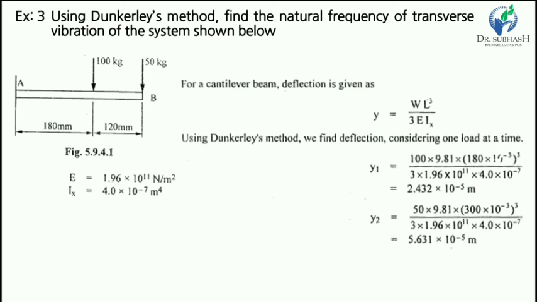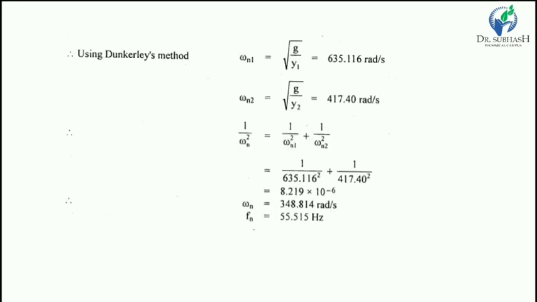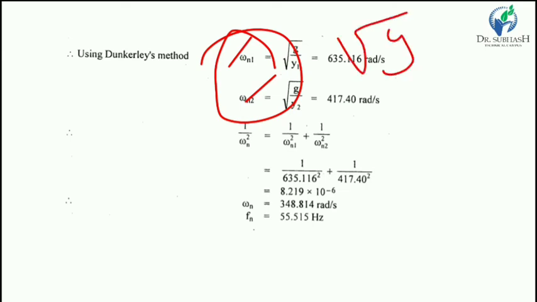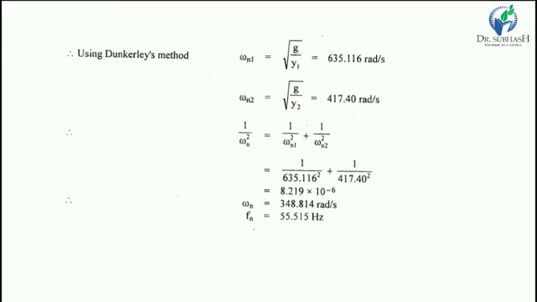Okay, now we have the delta values, so we find omega 1 and omega 2 with the help of the equation root of g upon delta. Here delta is defined by y, so g upon y. We already found y1 and y2, so we put the values of y1 and y2 in the omega n1 and omega n2 equations, and we get omega 1 and omega 2 as 635.116 radian per second and 117.40 radian per second.